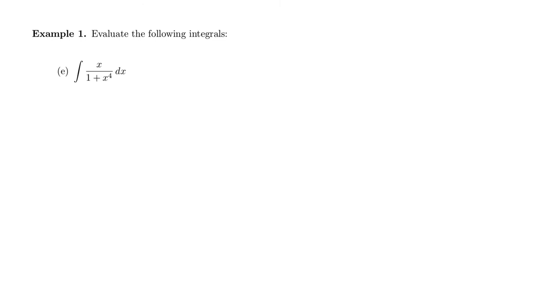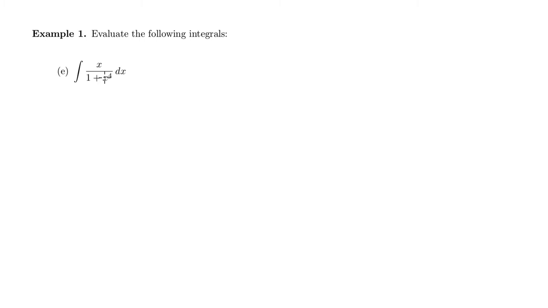Okay, so this one is also a little bit tricky. You can look at it and say, well, I don't know an antiderivative right off the top of my head of this function. And it's not so easy to see exactly what to set u equal to either. So this is definitely a tricky problem, but it's something just to keep in the back of your mind.